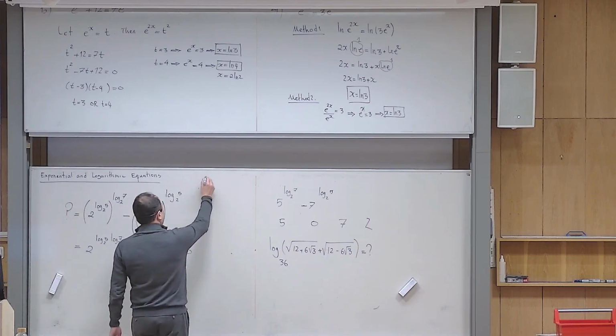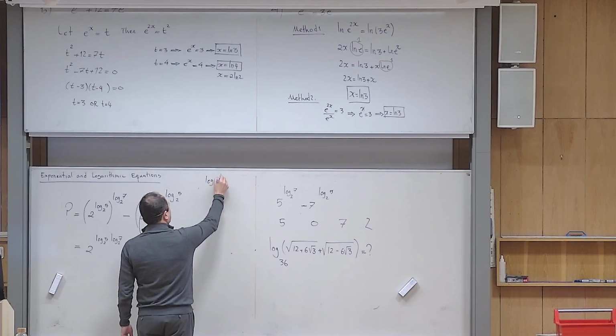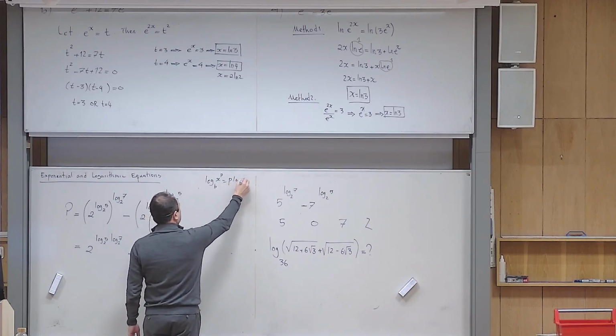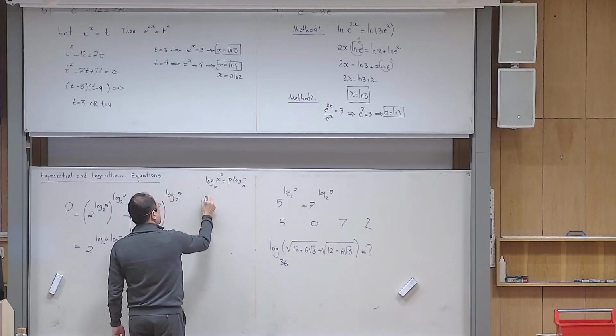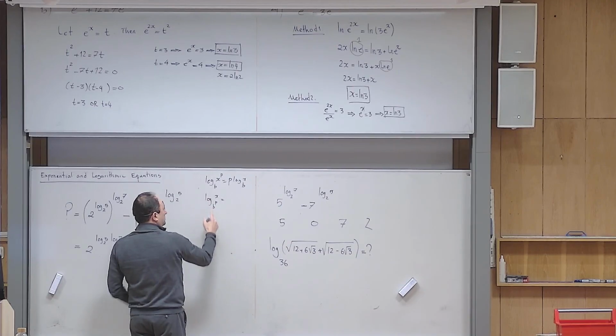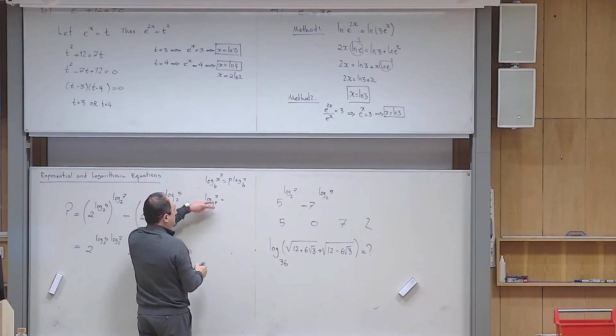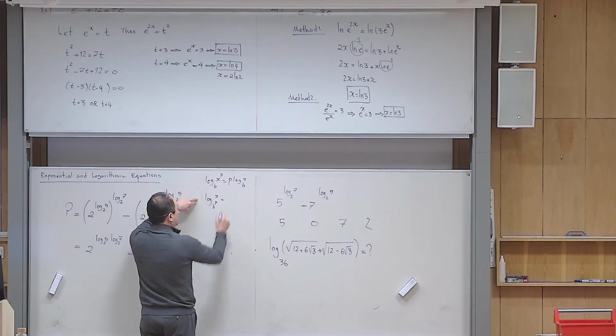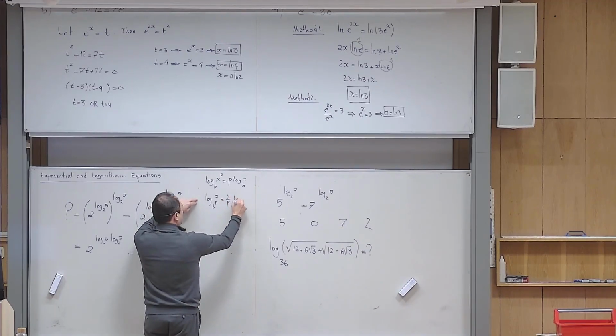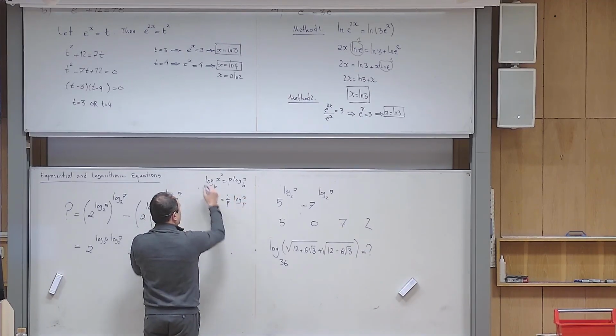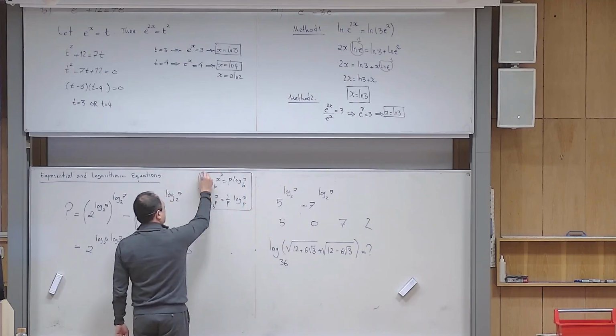If I have log of x to power p to the base b, this p goes directly there. But if I have a power on the base, we had this before. This is not in your book, but I talked about that. This becomes reciprocal and goes back. So these are the formulas.